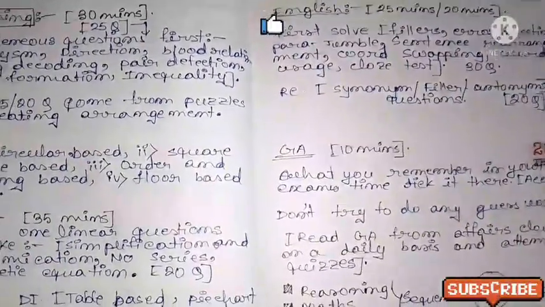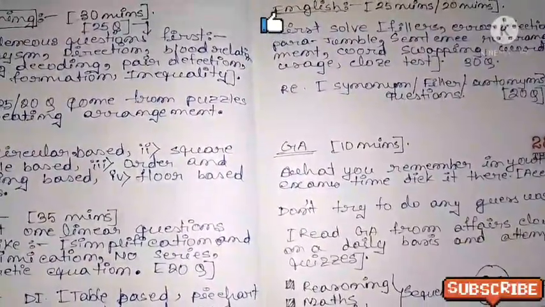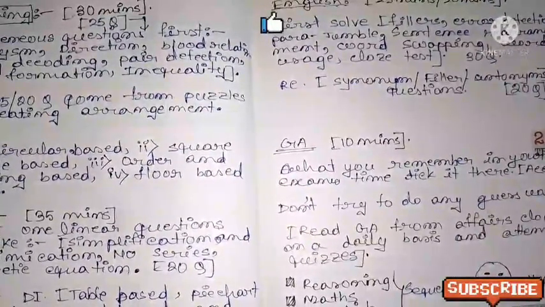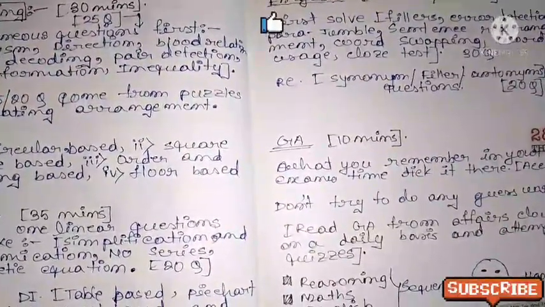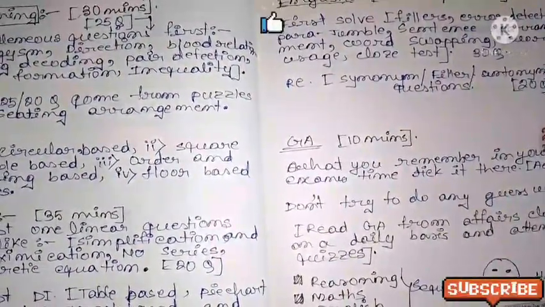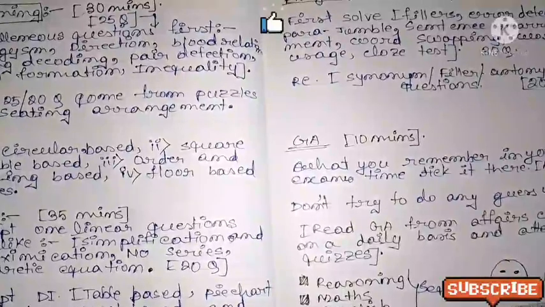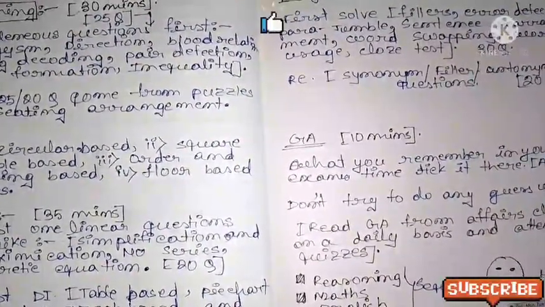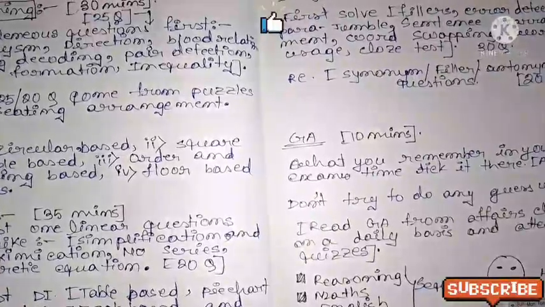Okay, so that's how I prepared for these 4 sections. What will happen, I really don't know. When the result comes out, we'll see how many marks I've scored in the ESIC MTS prelims exam. Hope for the best. We expect that we all clear this examination.